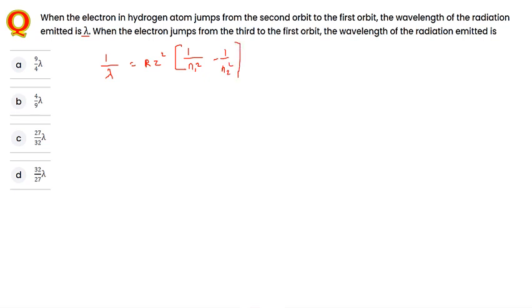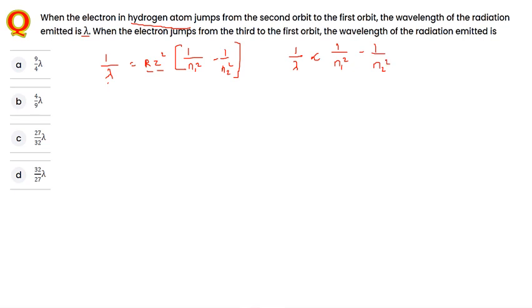So the only variation here is lambda is going to vary, and this one already they have given, this is a hydrogen atom. So Z and R are not going to change, only the number changes. So 1 by lambda is proportional to 1 by n1 square minus 1 by n2 square.